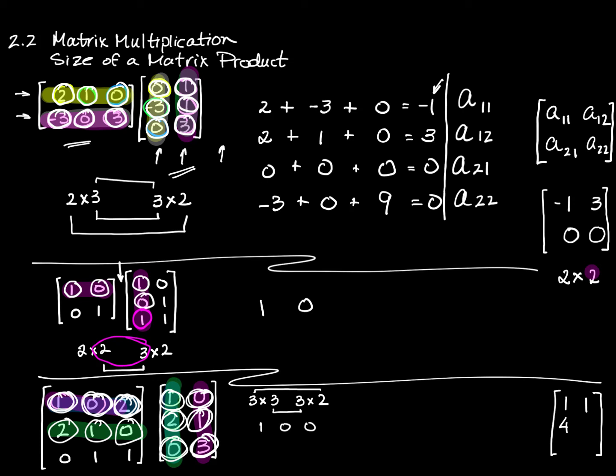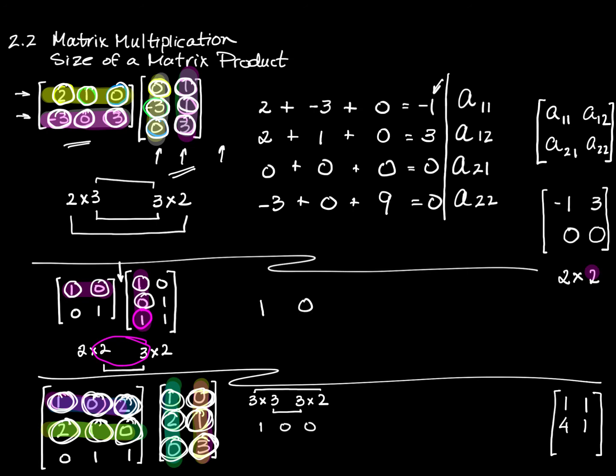Then I have second row, second column. So let's see, that is 2 times 0, which is 0, 1 times 1, which is 1, 0 times 3, which is 0, and I have a 1. That's the second row, second column.